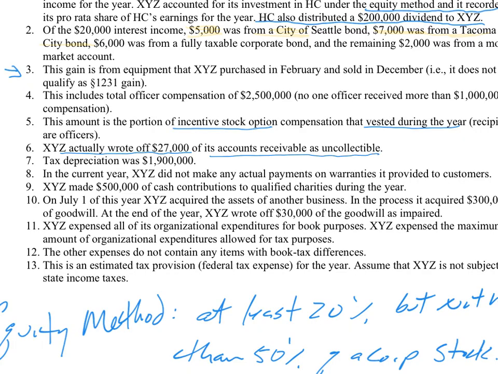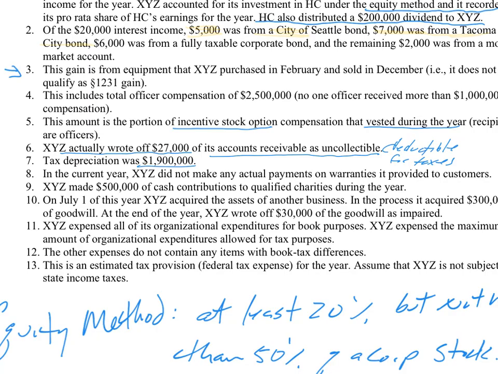Okay, so what they actually wrote off is deductible for taxes. Okay, take a look at the notes and see what the notes say. Tax depreciation was $1,900,000. When it tells you tax depreciation was a certain amount, that is the amount that you can deduct for tax purposes.